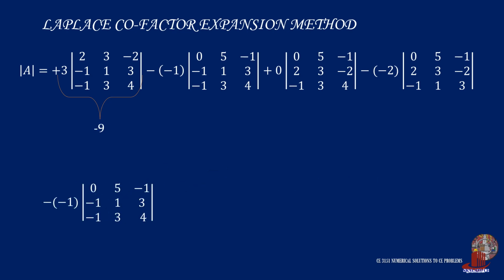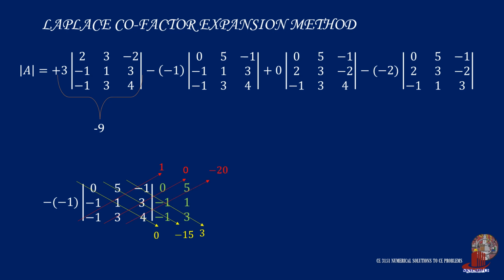The second term has a simplified +1 scalar, then the diagonals contain 0, 1, and 4, resulting to 0. 5, 3, and -1 have a product of -15. -1 with -1 and 3 give 3. The negatives have -1, 1, and -1 to give 1. 3, 3, and 0 to have 0.